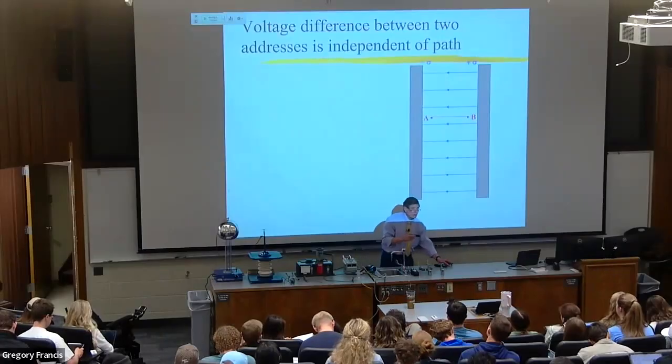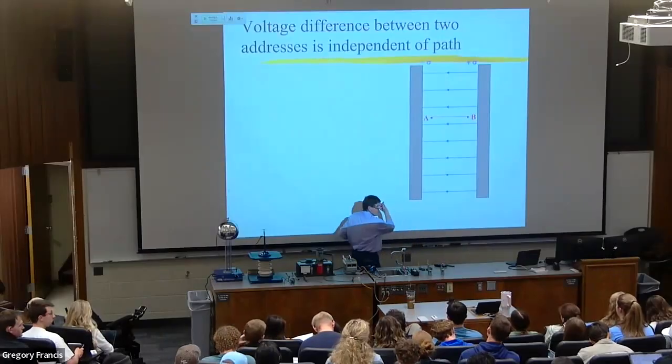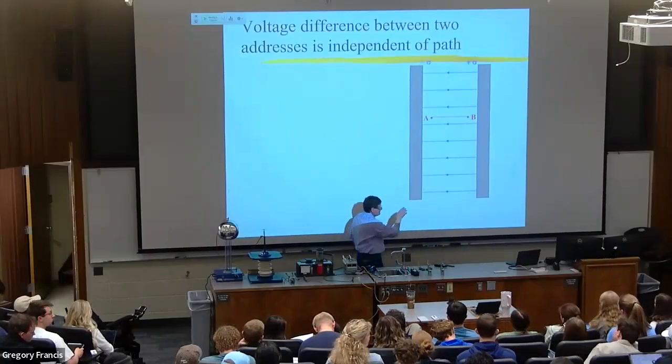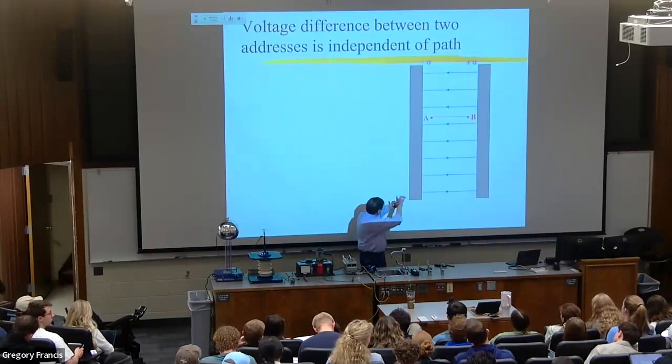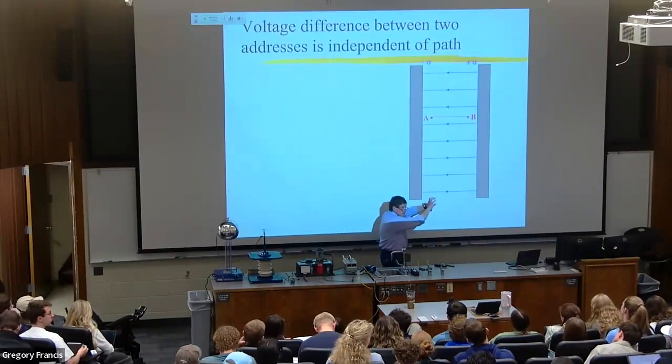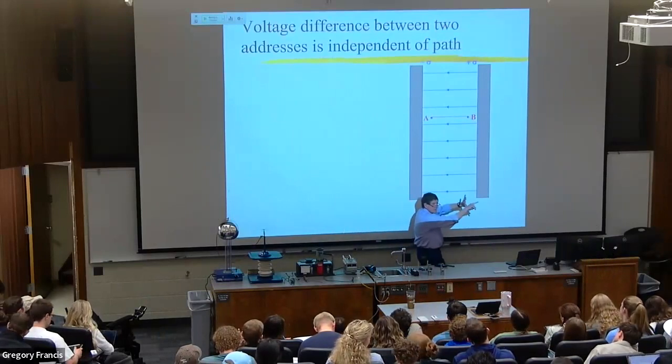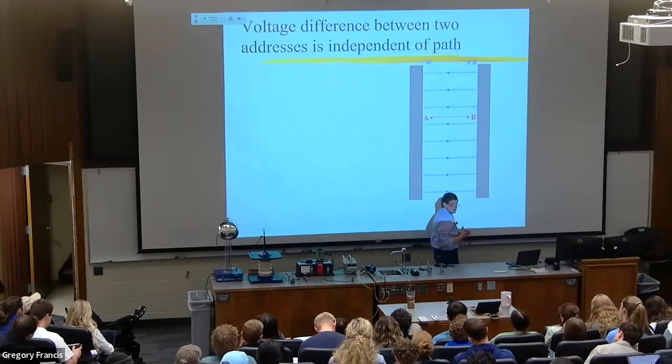That plus 1 coulomb wants to fly this way. It's pushed in the direction of the electric field. So I, as an external agent, have to do Verc pushing this way while I move it from A to B. I do positive Verc, a certain amount. Well, what if I went this way?